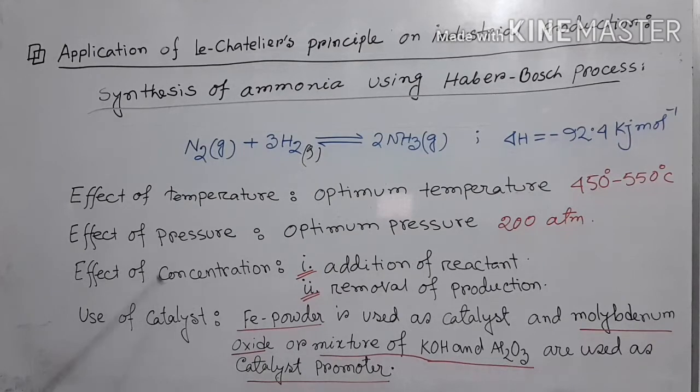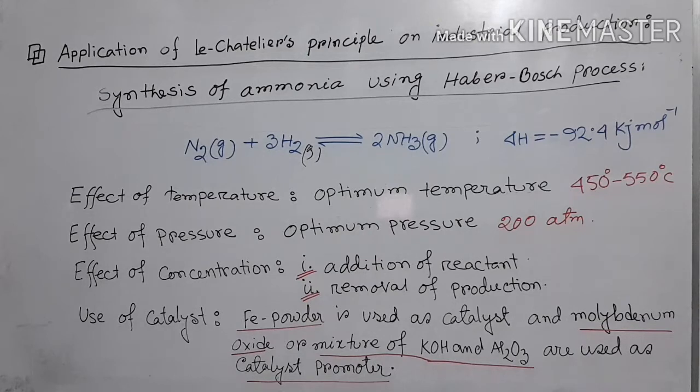Now, effect of pressure. In this reaction, the number of moles is reduced from 4 to 2 moles. Hence, according to Le-Chatelier principle, an increase in pressure should increase the production of ammonia.